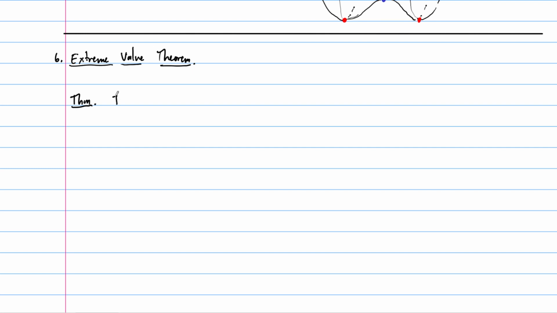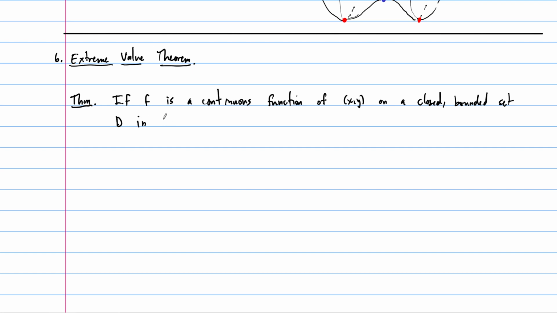This one says the following. If f is a continuous function of two variables, x and y, on a closed, bounded set, we'll call it D, in R2. Closed and bounded means that you can draw the boundary and it includes the whole boundary, basically.